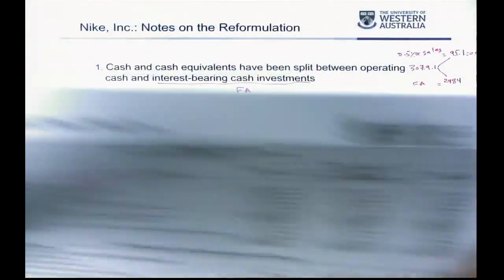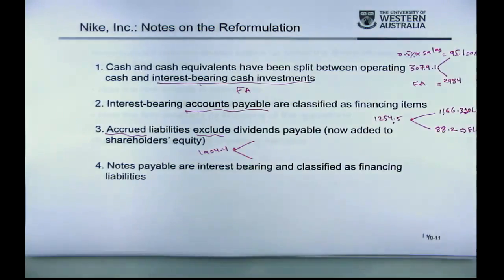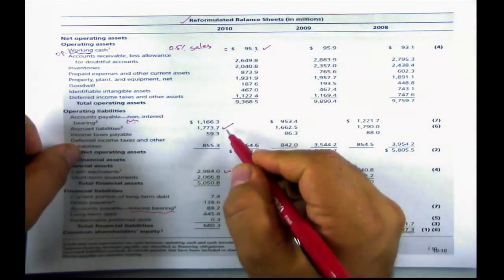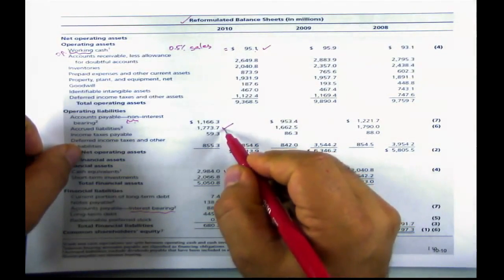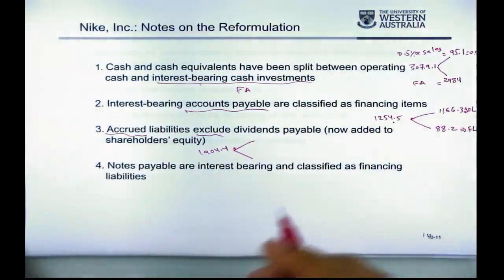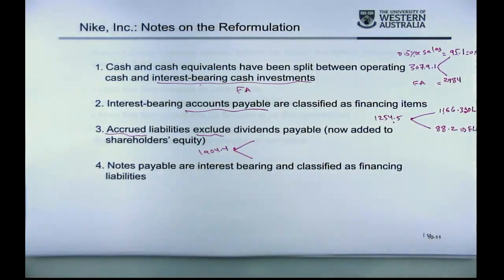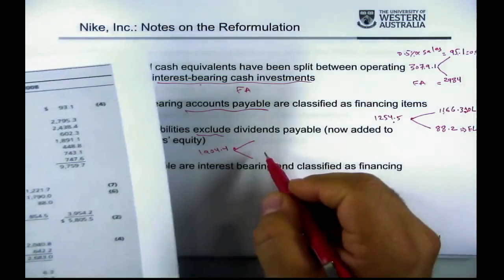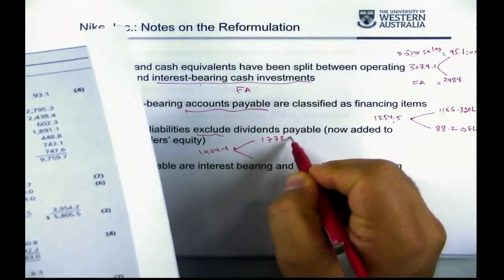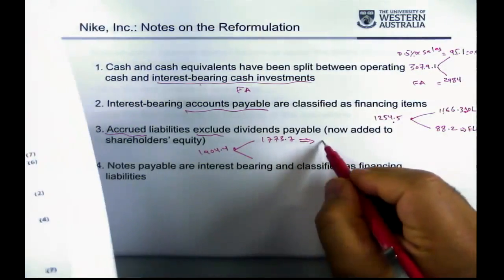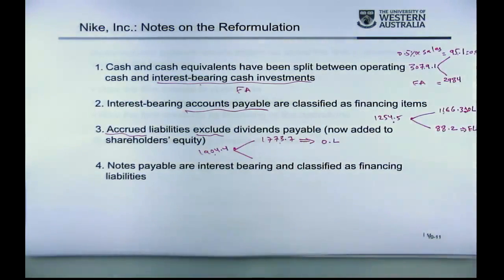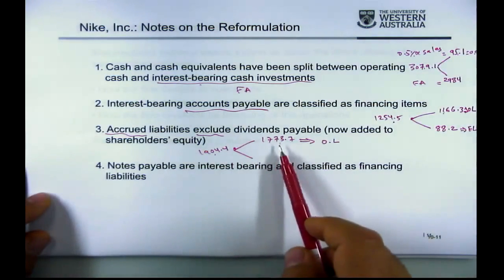It was split into two items, or alternatively, we can say that dividends payable was excluded. So this is the amount after excluding the dividends payable, 1773.7. It is how much, the dividends payable? Could anyone please calculate the difference? 1904.4 minus 1773.7.